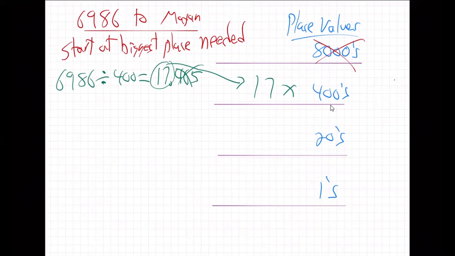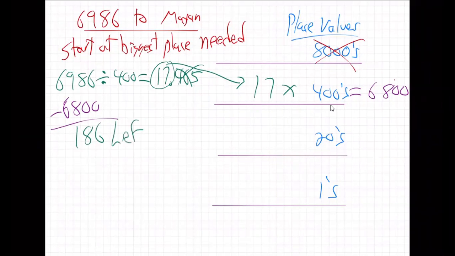And then, remember what you do? You figure out what is 17 times 400. That is 6,800. So you subtract 6,800 because you just represented 6,800. What are you left with? 186 left to go. Remember this? So you start at the biggest place that you need.